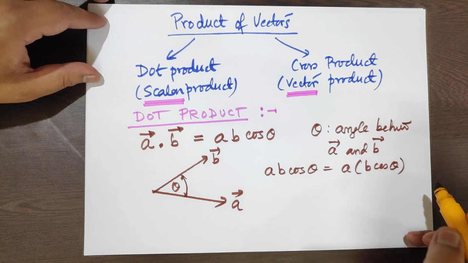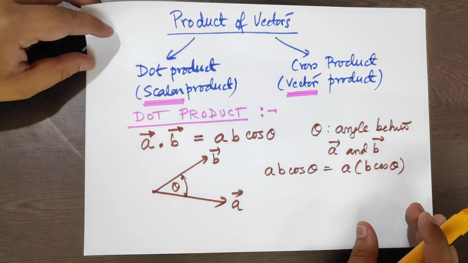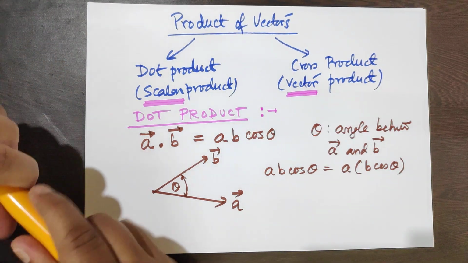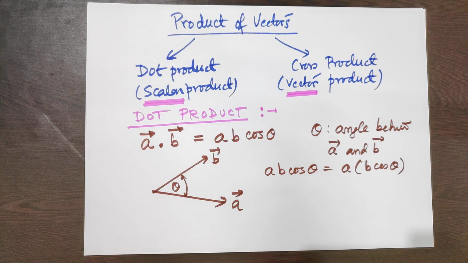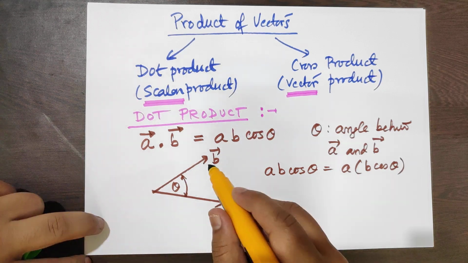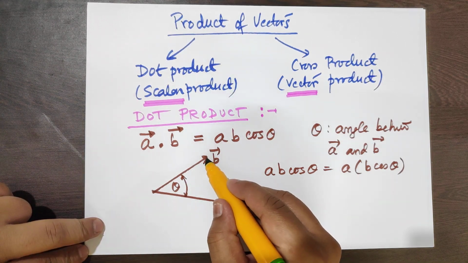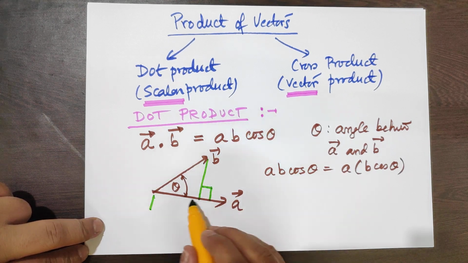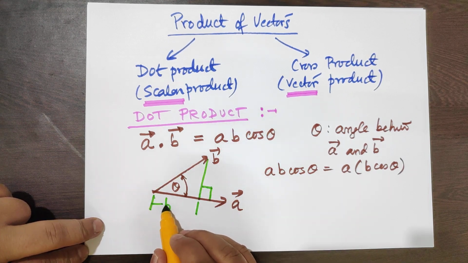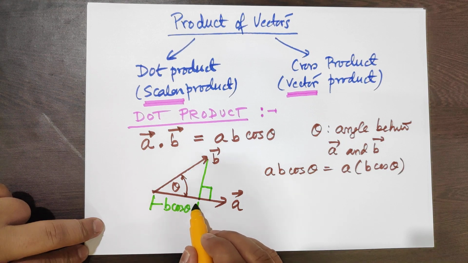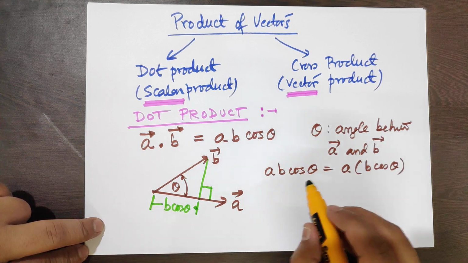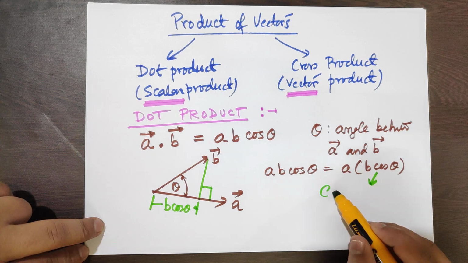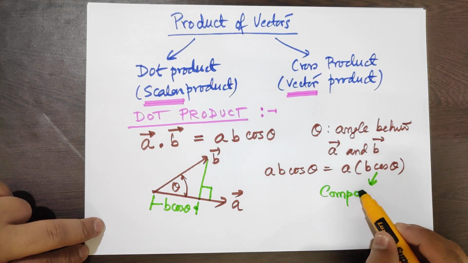If you write a multiplied by b cos theta, what does that mean actually? b cos theta is nothing but the component of b in the direction of a. So this b cos theta is the component of b along a.